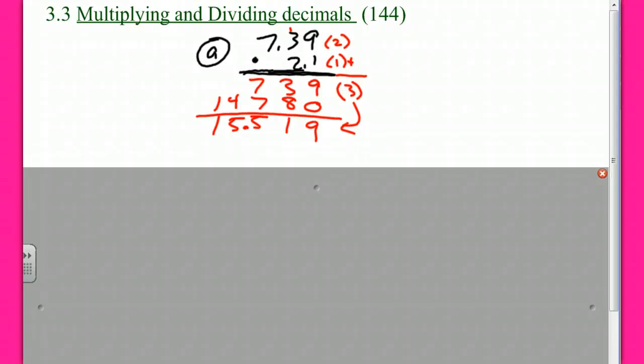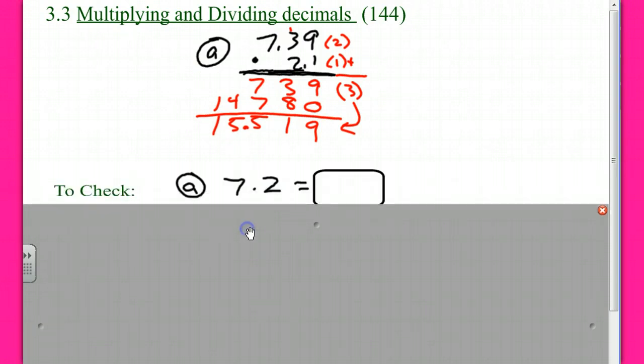Here's a little something you can do, and this is really useful when you are getting ready for your Iowa testing, which is next week, your standardized testing. You can make sure that you are in the right ballpark by using estimation. So 7 39/100 rounds really to 7, and 2 1/10 rounds to 2. So 7 times 2 is 14.